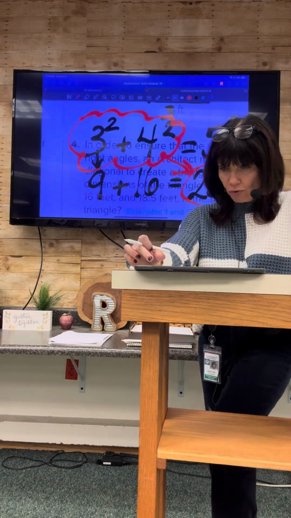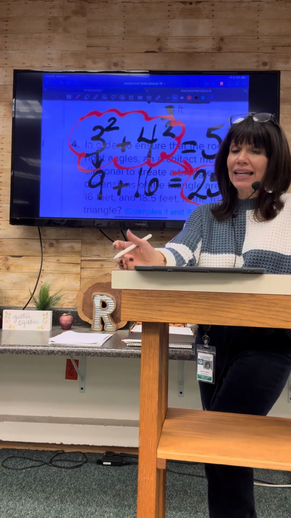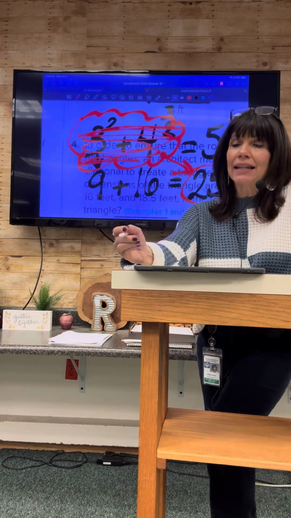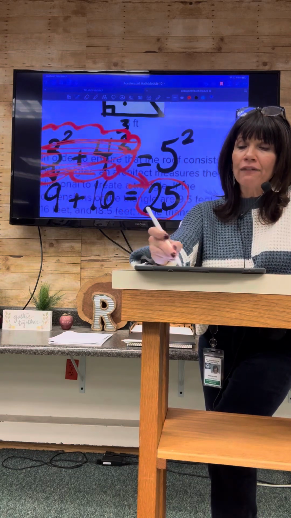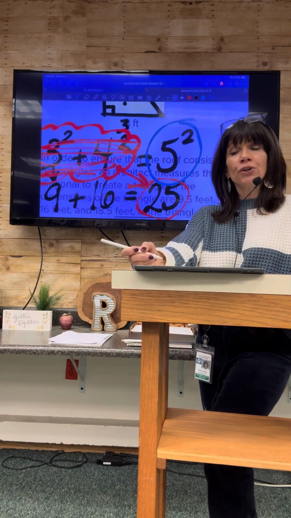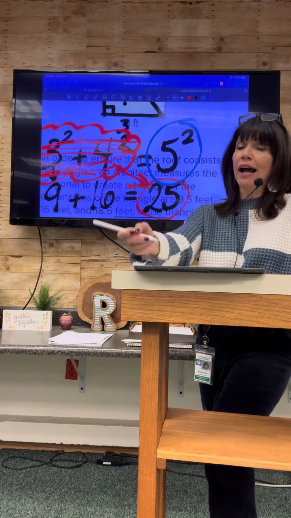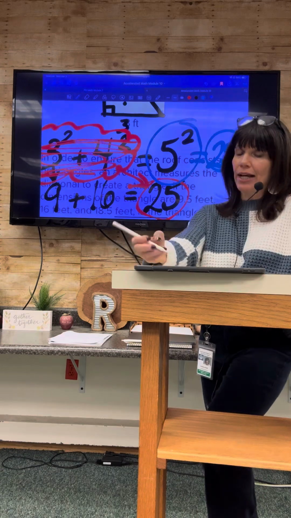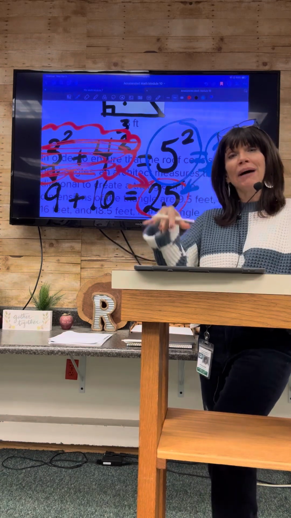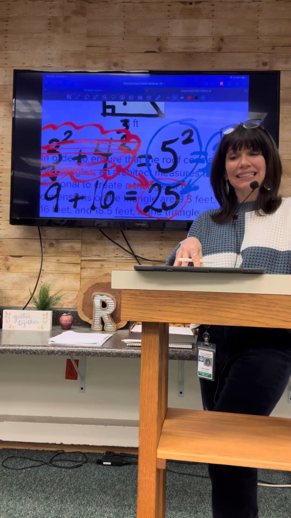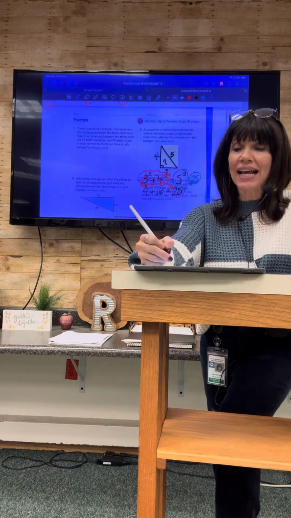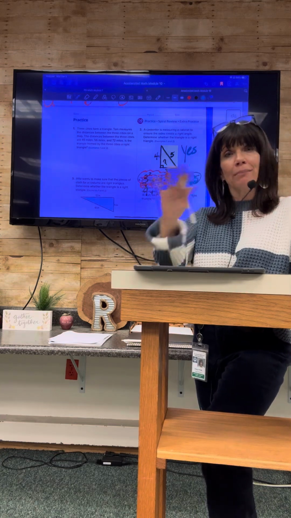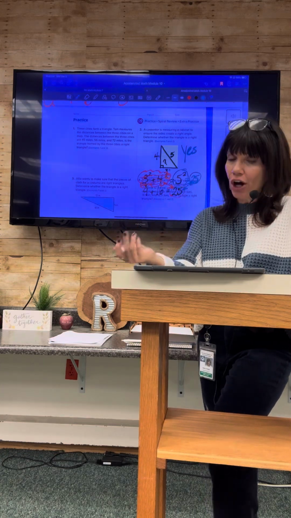Write that number down, clear the screen, and then type in 5 squared. What would your calculator say? 25. Once you write that number down, look to see, do my totals match? Yes. If the answer is yes, then you say, yes, this is a right triangle. If your totals do not match, then you say, no, it is not.